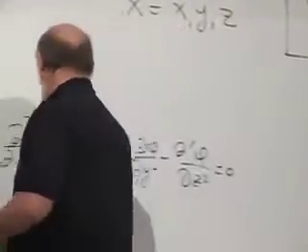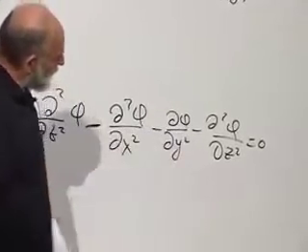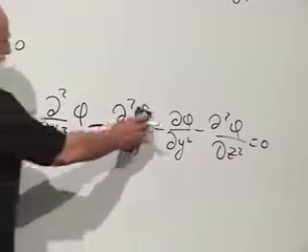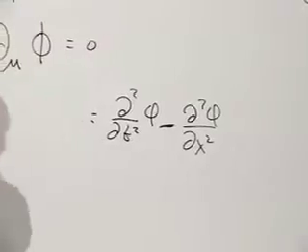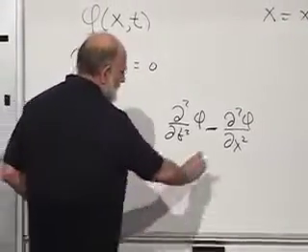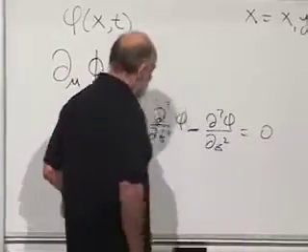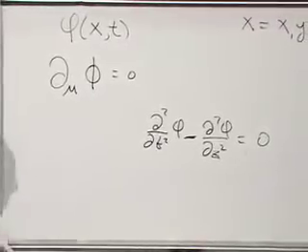So we can completely ignore these two terms, which are the derivatives of phi in the directions in which it doesn't change. So this is not there. And our wave equation for a wave moving along the z-axis should equal 0.